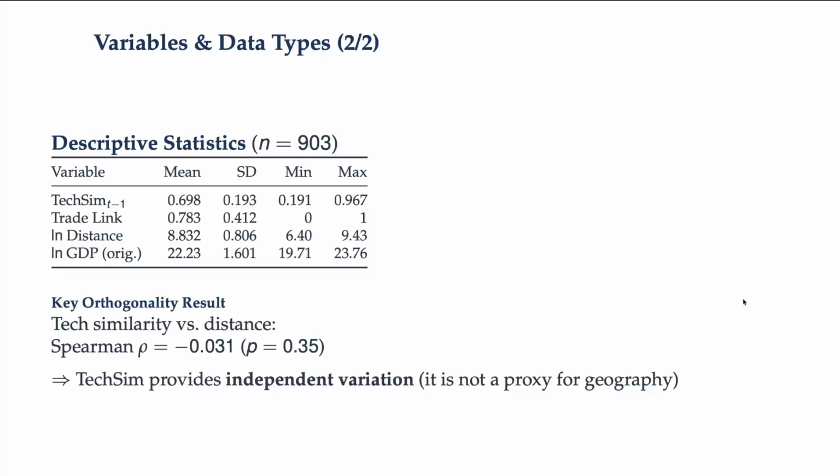So for checking orthogonality, technology similarity versus distance, because we want to see whether geographical property is impacting or correlated with technology similarity, here the Spearman correlation is a negative 0.03. So very minimal. You can say that technology similarity provides independent variation relative to distance.